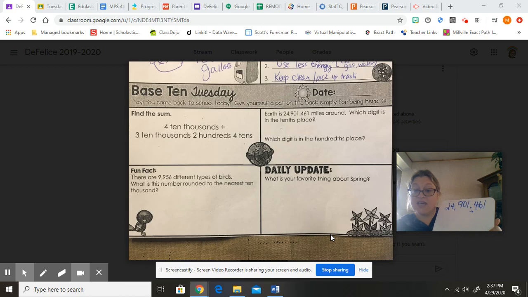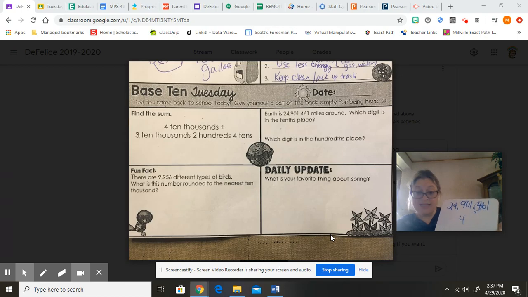The second one is the hundredths place. And the third one is the thousandths place. There's no ones place when you go to the right of the decimal. So tenths, hundredths, thousandths. So which digit is in the tenths place? It's this 4.